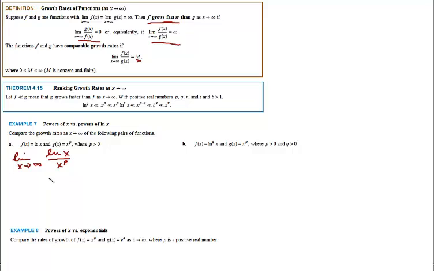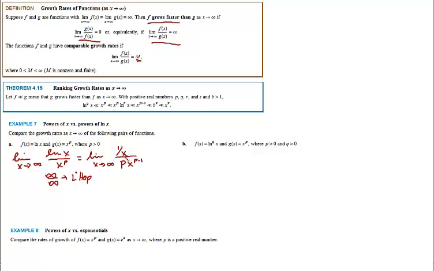I can use L'Hopital's rule, and that does need to be stated. If you show your work, be sure and state that it is one of L'Hopital's rule conditions, and therefore I can use it. So now I'll take the limit as x goes to infinity of 1 over x, over p x to the p minus 1 power.